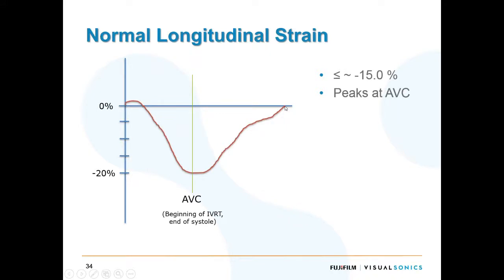It tends to peak at the aortic valve closure. This is why that aortic valve closure time point is important, because if it peaks too far left or right of that closure, that can indicate certain degrees of dysfunction. So normal longitudinal strain is less than or equal to minus 15, it peaks at the aortic valve closure, and the walls are pretty much synchronous.